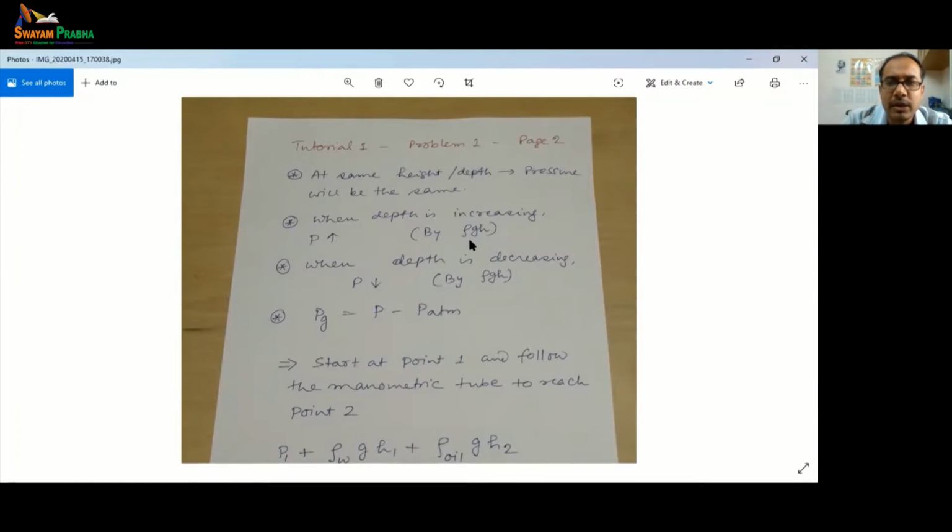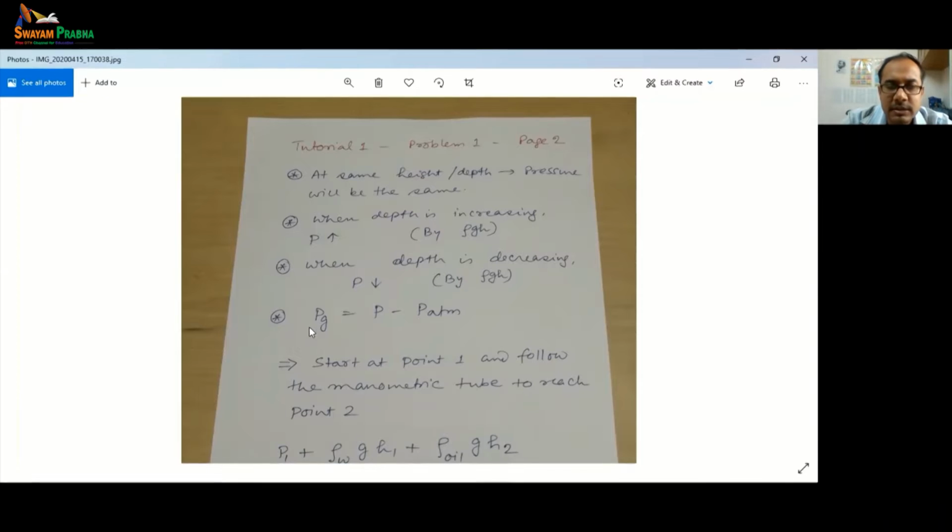That will be by rho g h, where h is the depth. And the opposite is also true. When the depth is decreasing, the pressure will come down. That's the basic concept of pressure, and again that will be by rho g h.